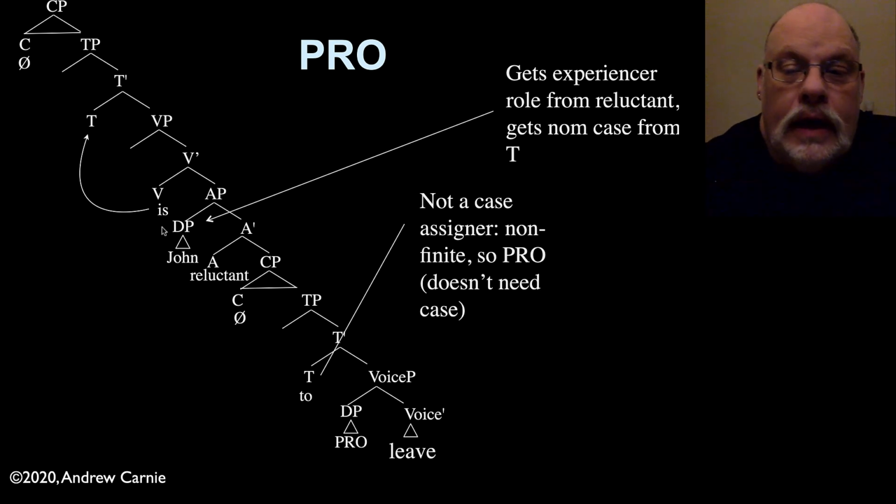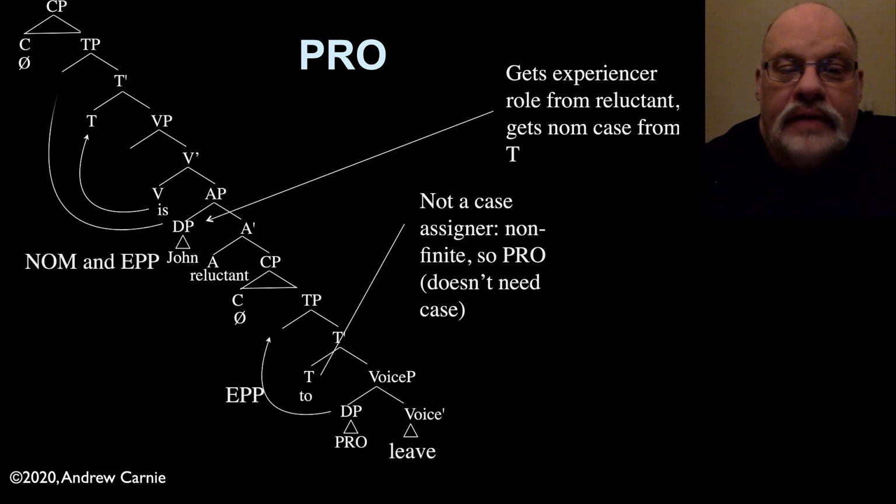Now the higher DP is going to have to get case. It gets case by moving to the specifier of the TP, where it will check the EPP and get nominative case from the finite T. In the embedded clause, we're also going to move this DP into the specifier of the TP, but it doesn't do it for case reasons.